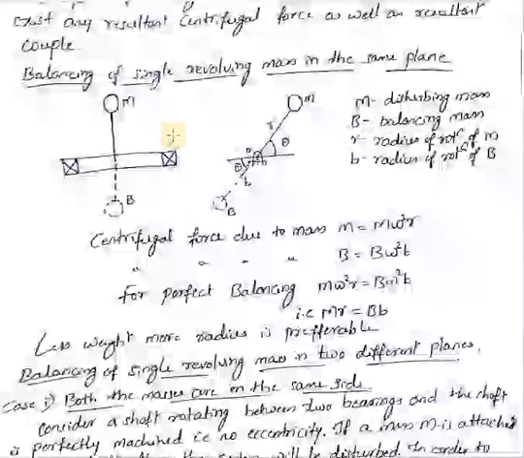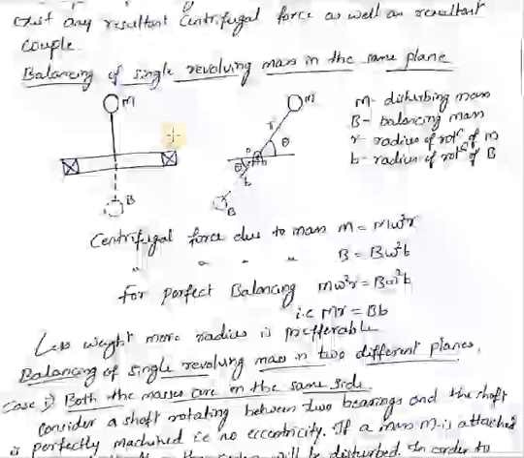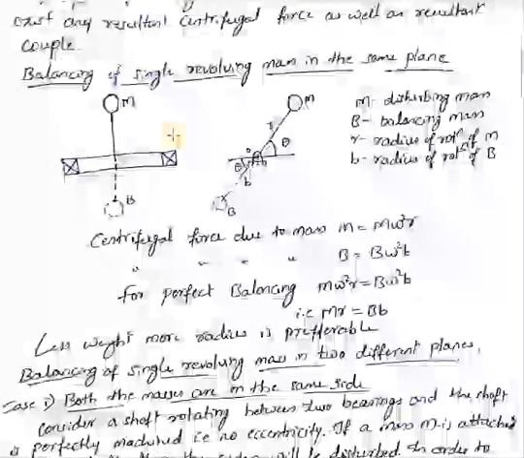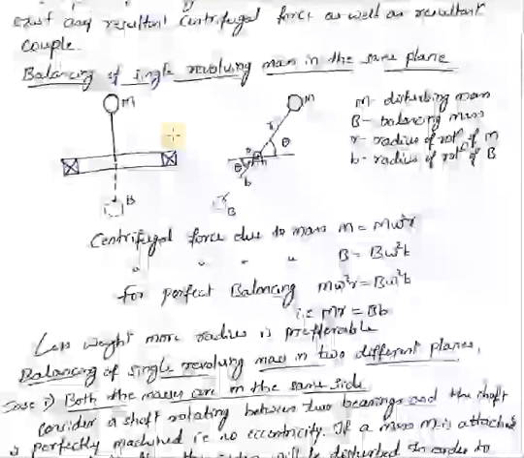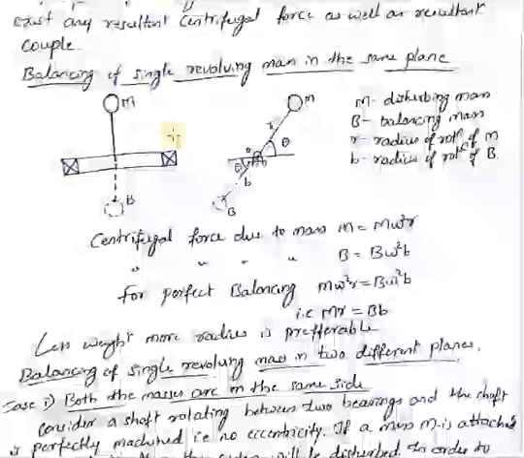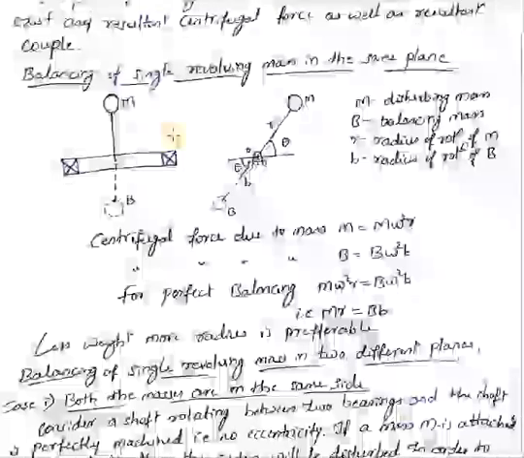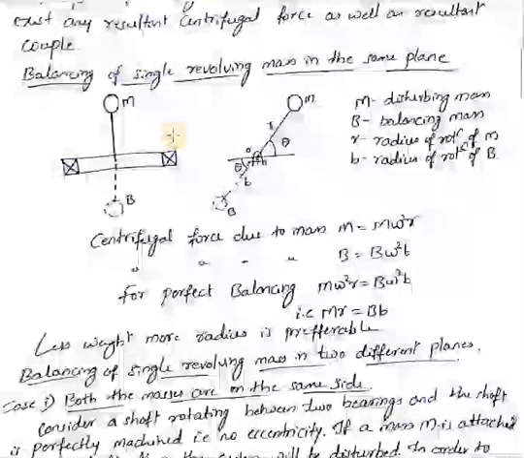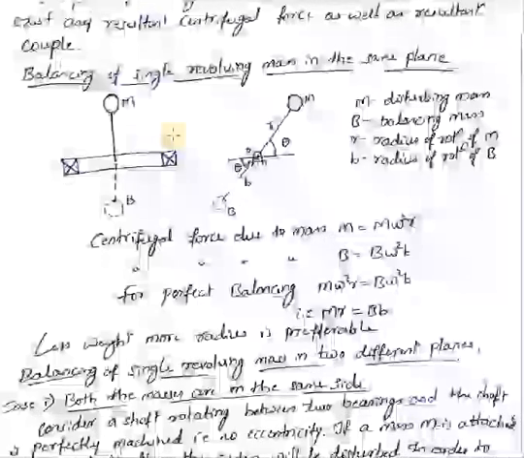First, the balancing of a single revolving mass in the same plane. Let us consider a shaft rotating between two bearings, and the shaft is perfectly machined, that is, no eccentricity. Hence the system is a balanced one. Now if you attach a mass to the system, it will get disturbed, that is, an unbalanced condition will occur.